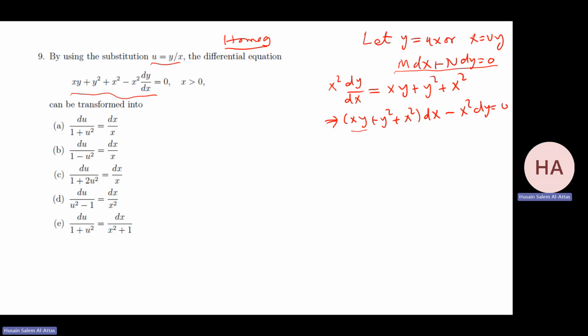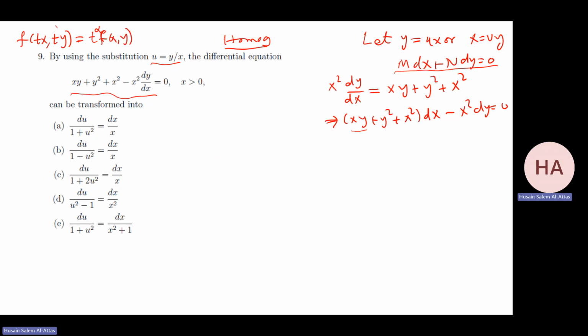If you remember, we check f of tx, ty. If I put t to the power alpha instead of x and y, I'm getting the same power: f of tx, ty equals t to the power alpha times f of x and y.